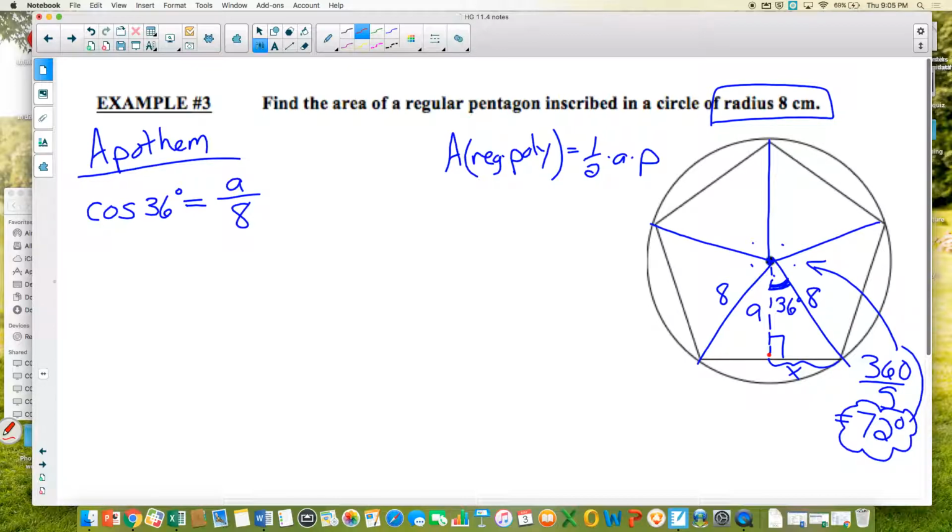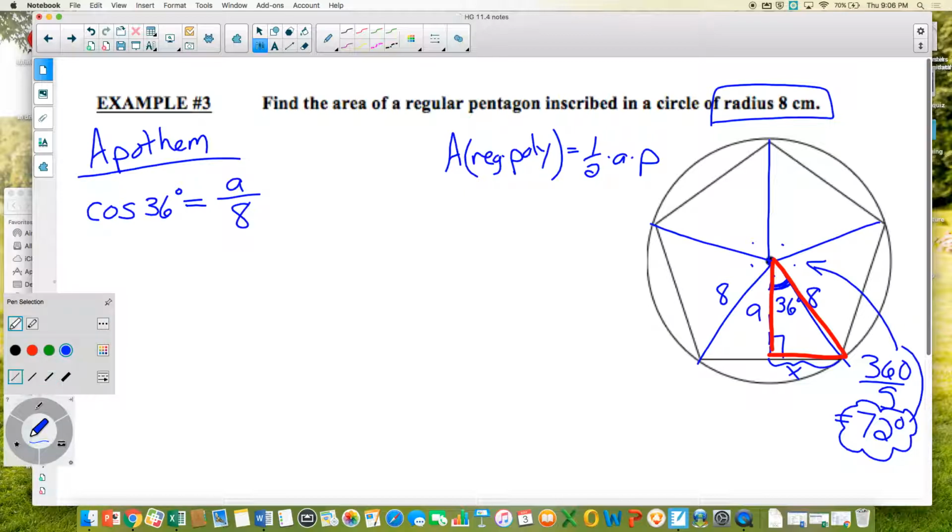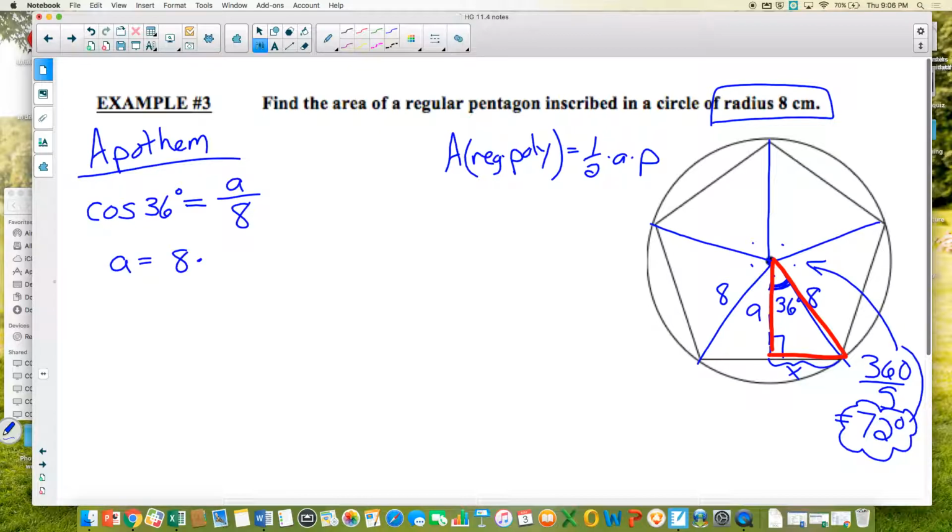And again, we're referring to this triangle right here. So the hypotenuse is 8, adjacent side is A, so we will do cosine. And if we solve this, we get A equals 8 times cosine of 36 degrees. We do get a decimal. We should get roughly 6.47. That's how big the apothem is. 6.47.